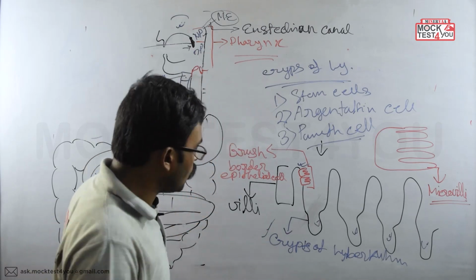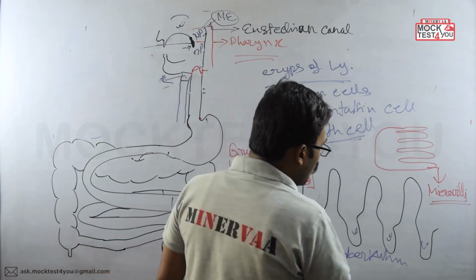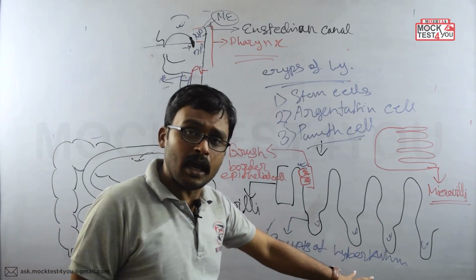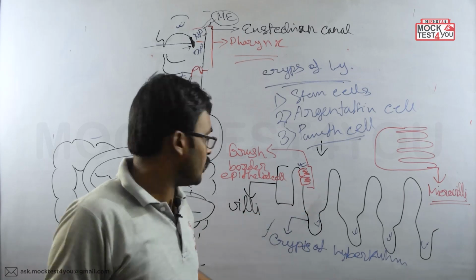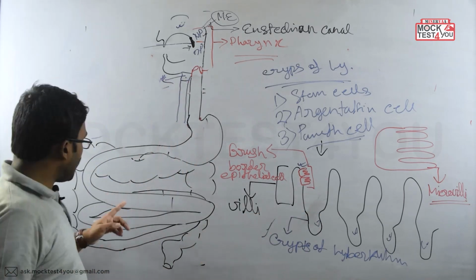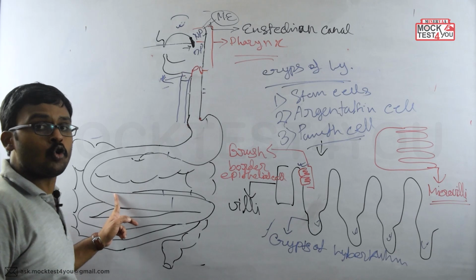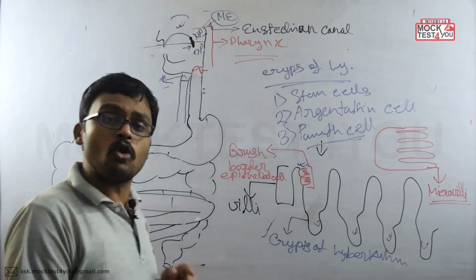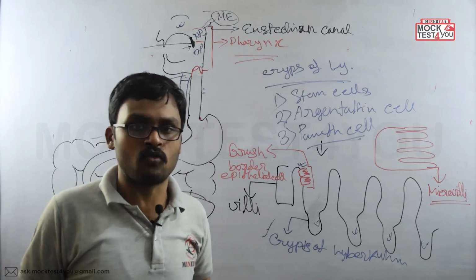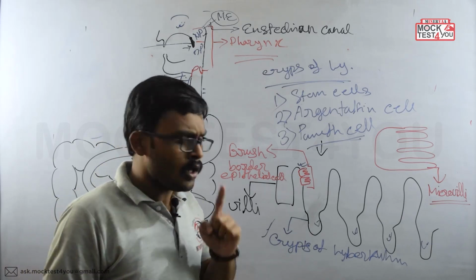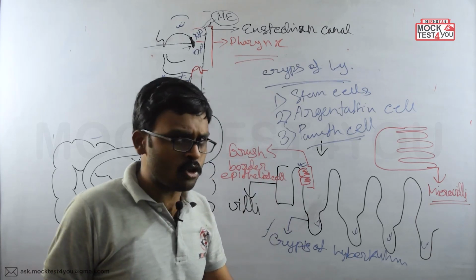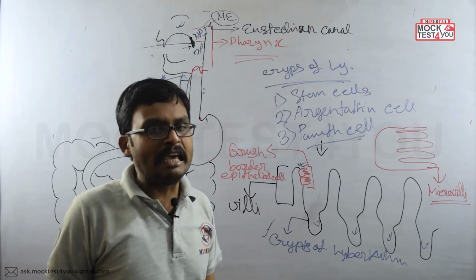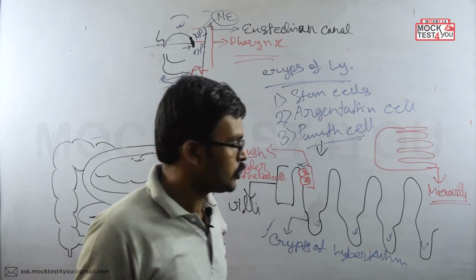Before that, let me tell you that the crypts of Lieberkühn help to secrete an enzyme-rich secretion, and that secretion is called intestinal juice, also called succus entericus. What is it called? Succus entericus. So succus entericus, or intestinal juice, is secreted from the crypts of Lieberkühn. Okay, clear?